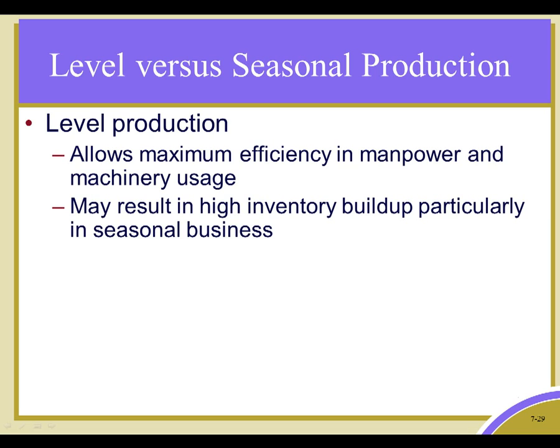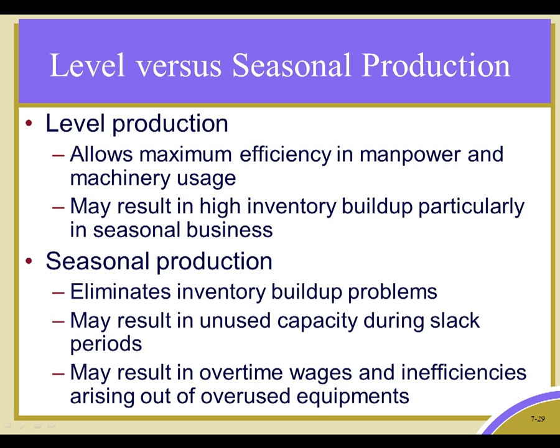We sort of use them throughout the course of the year. But if we do that, we are likely to have high inventories build up, particularly in our seasonal business such as Santa's. Having said that, the alternative is seasonal production, and that eliminates the inventory buildup problem, but it might result in machinery and workers not being used very efficiently.